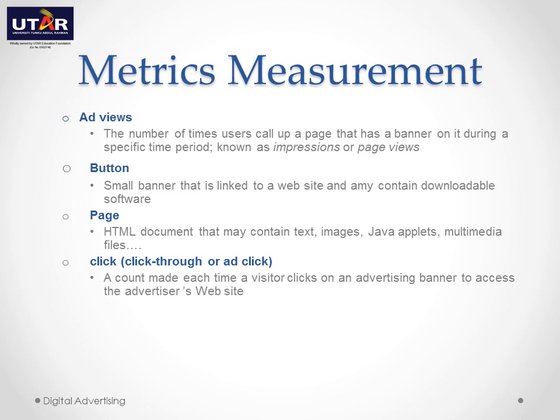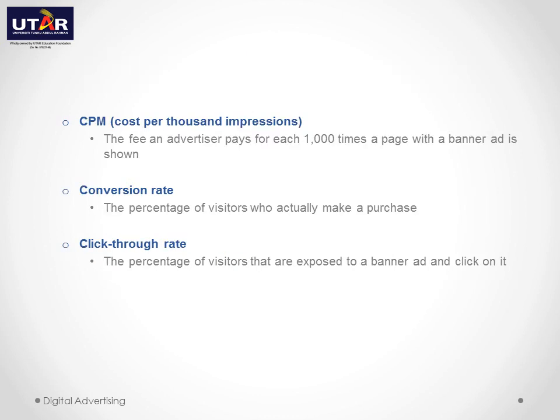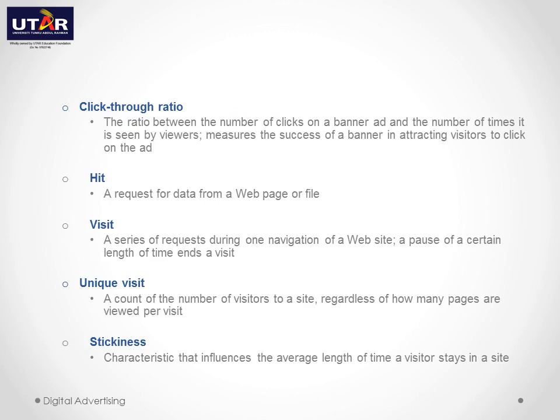It's a useful benchmark to know whether they are really interested. Okay, so one is ad views. For example, how long do they stay at the website? It comes up with the average time a visitor stays on a site.